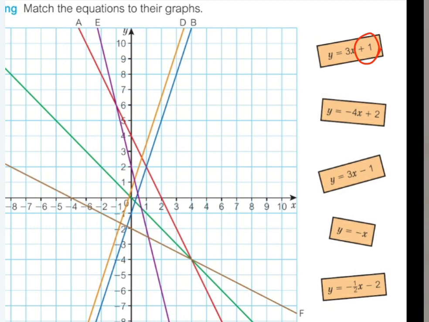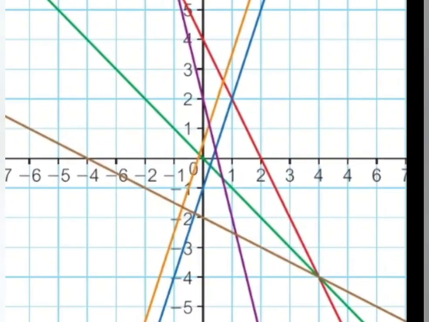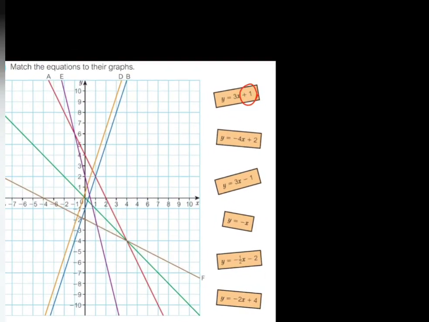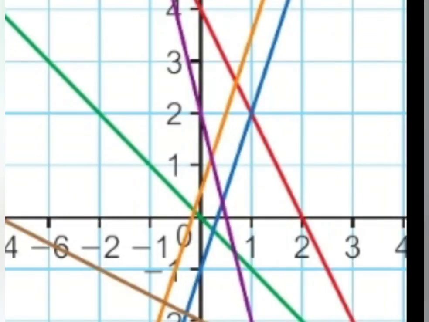Now, for example, for the first equation, the y-intercept is plus 1. So we come to the y-axis and look for plus 1. Now, on the y-axis, plus 1 is here. Which line is crossing plus 1?